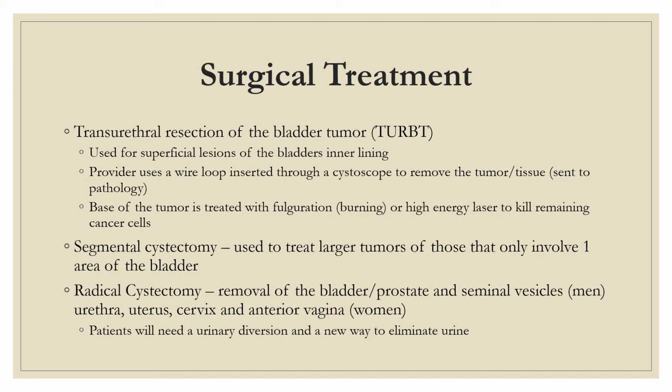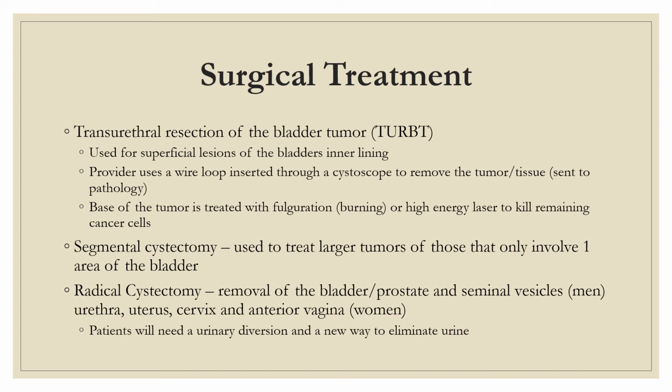There's also segmental cystectomy. This is just taking a portion of the bladder out. This is used to treat larger tumors that only involve one area of the bladder. So they don't have to take the whole bladder. They just take a section of it.